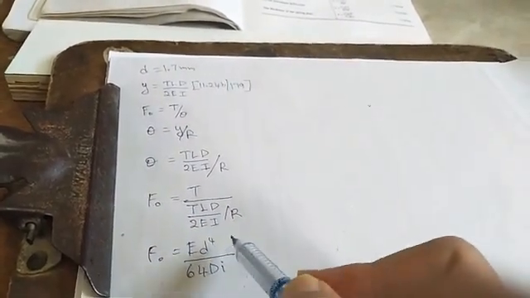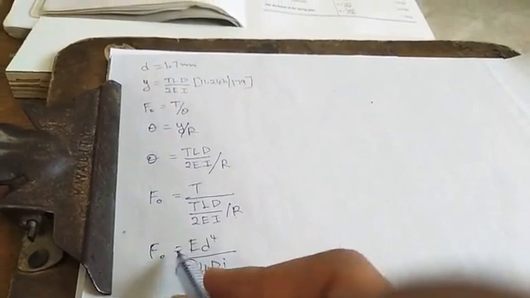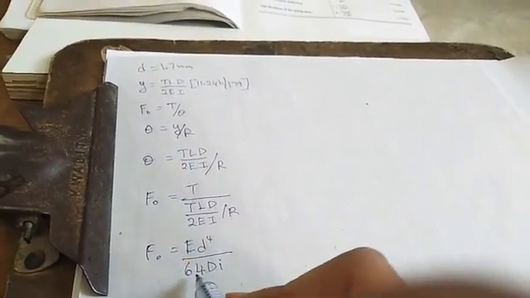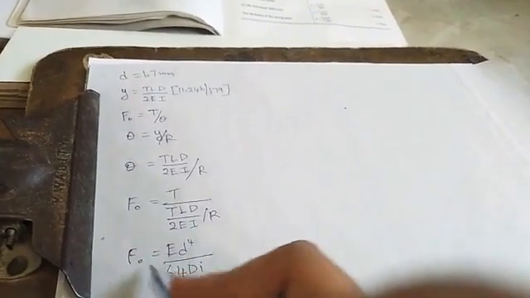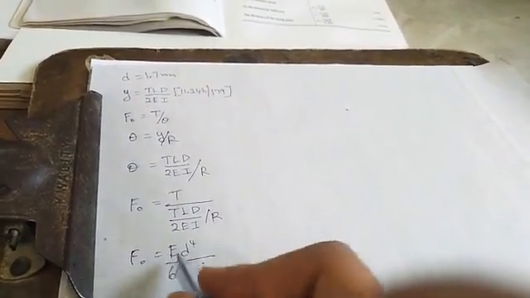On substituting and simplifying, I get F naught is equal to E d power 4 by 64 D into I. Now I can easily find the number of turns I, because I have all the other values.